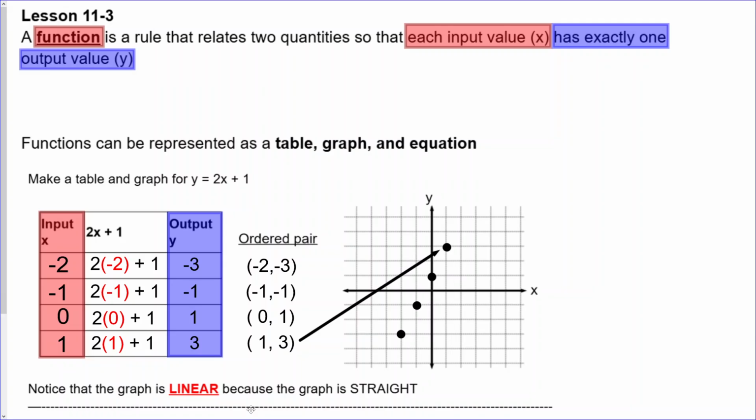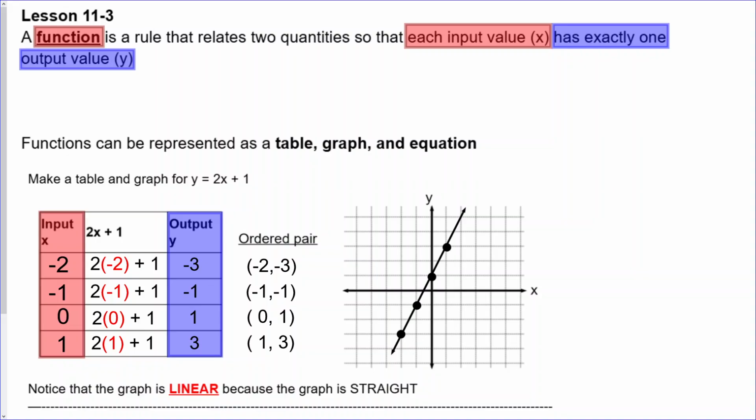And so what I'm trying to share with you is that if we completed this function table of inputs and outputs, and we put the x's and y's together to create these ordered pairs, each one of these points is actually on the line of this equation, or we would call it a function, because again, this is a function, okay? And so now we just connect our points, and we have a straight line through those 4 points.